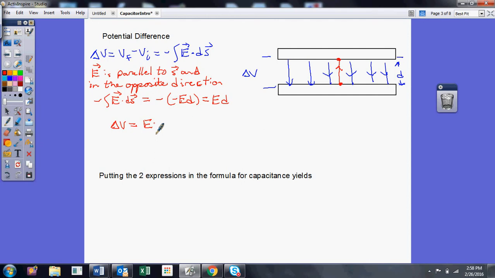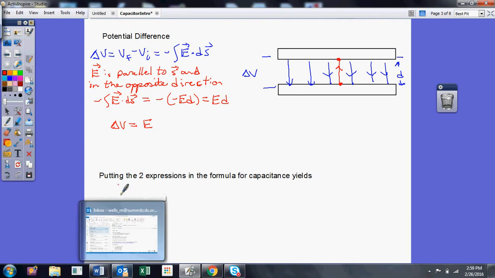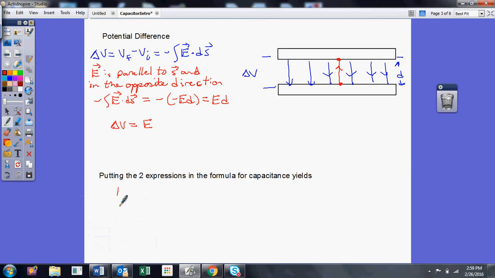We're going to take those two expressions and put them together for the capacitance. So what we want to come up with is a formula for the capacitance based on the area of the plates and the distance between them. So we're going to take our two equations here. We've got EA is equal to Q over epsilon naught, and V is equal to E times D. Put those together for capacitance.